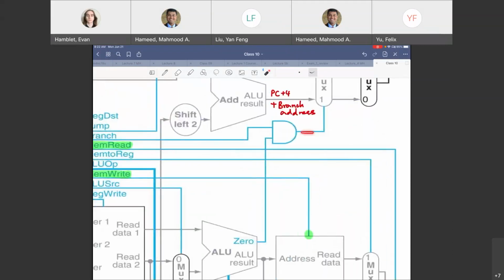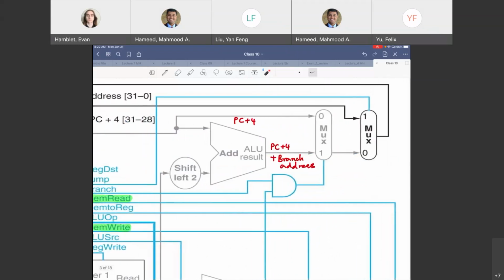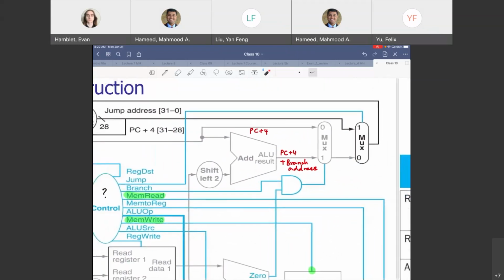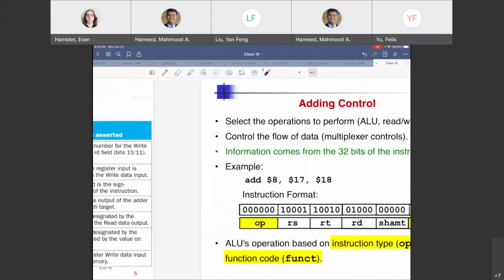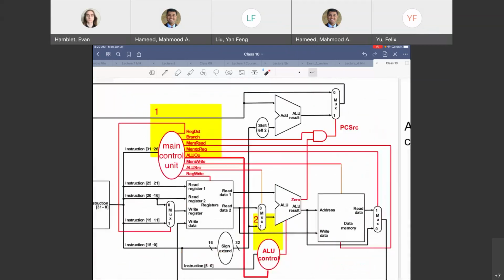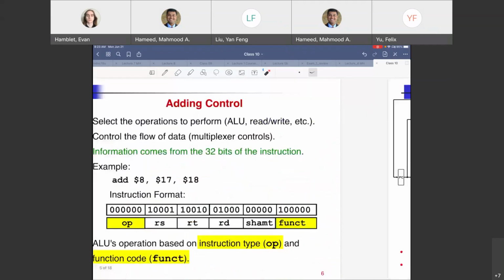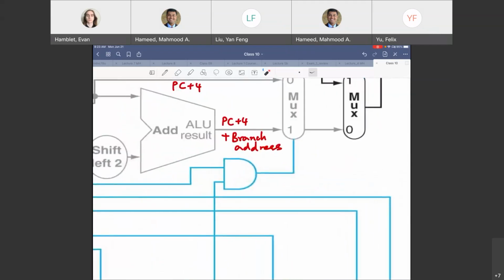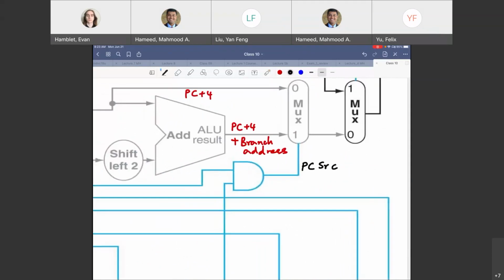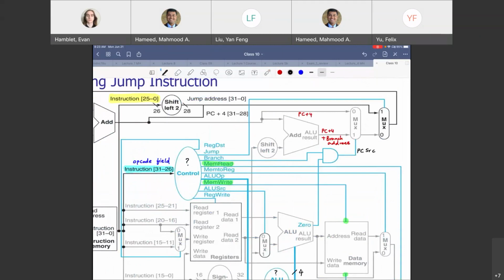This is actually, hold on. So PC, I'll show you guys in a different diagram here. PC source is over here. So the output of this is the PC source. So PC source is a control line that is not directly computed by the control unit.